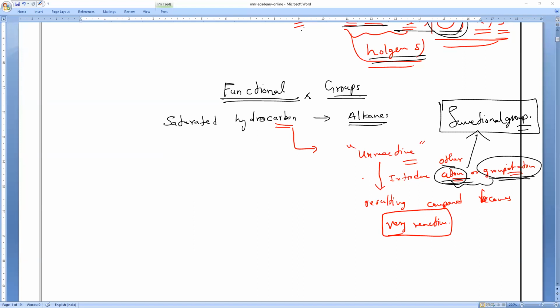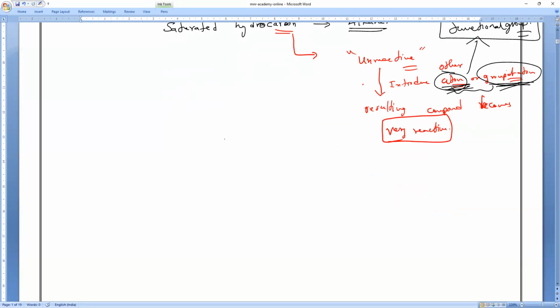Do you understand, all of you? Once you introduce this atom or group of atoms, they will decide the properties and functions of the entire compound. That is called a functional group. Are you clear, everybody? Please respond. Anybody having any doubt?